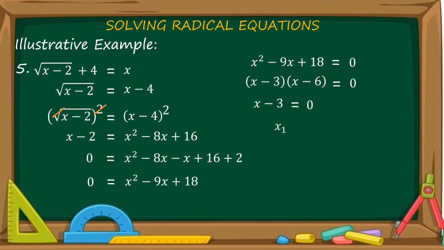This means the first value of x is equal to positive 3. And then on the other hand, x minus 6 is equal to 0, which will give us the second value of x, which is equal to 6. Meaning to say, there are two possible answers, which are 3 and 6.